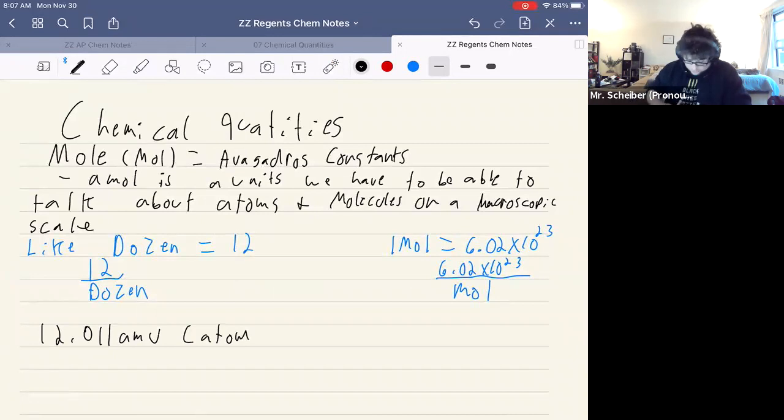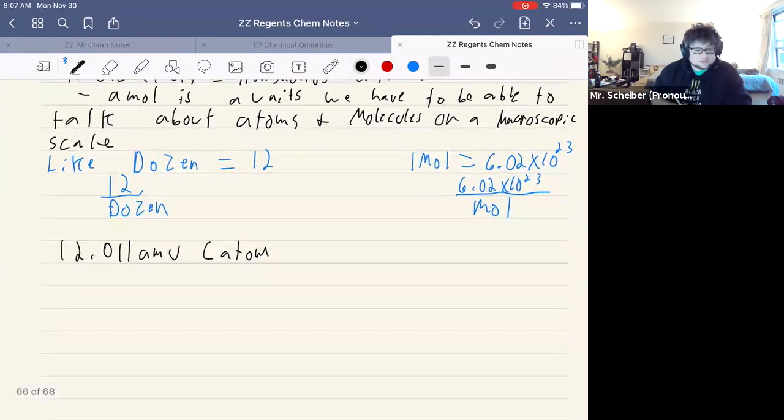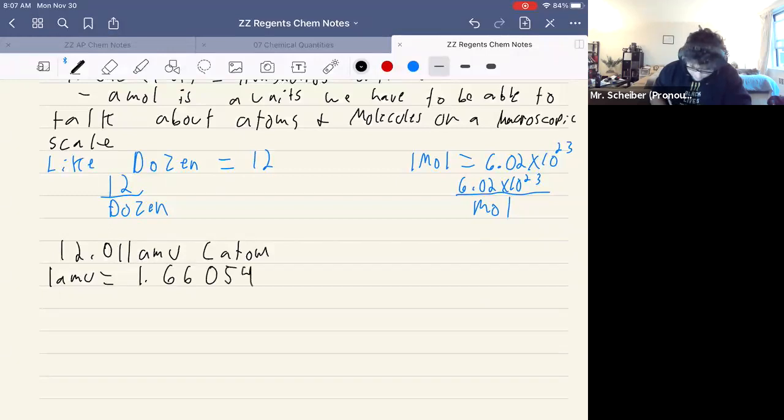And I can also tell you that 1 AMU has a mass of 1.66054 times 10 to the minus 24 grams. And what I'm going to do is determine the mass of a mole of carbon atoms in grams, right? So let's convert that AMU to gram first.